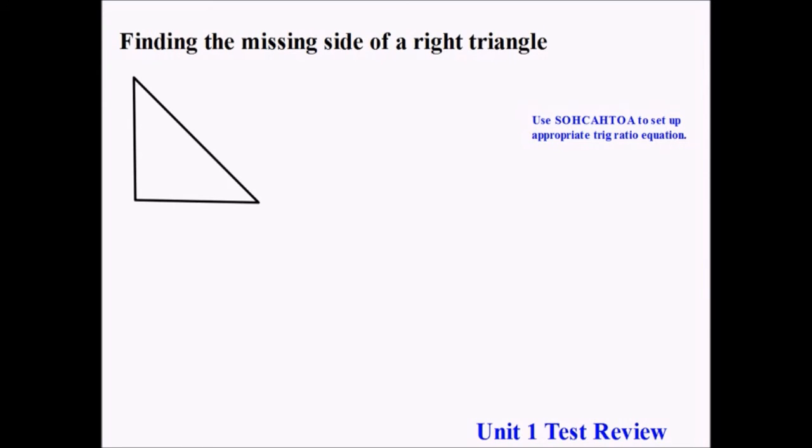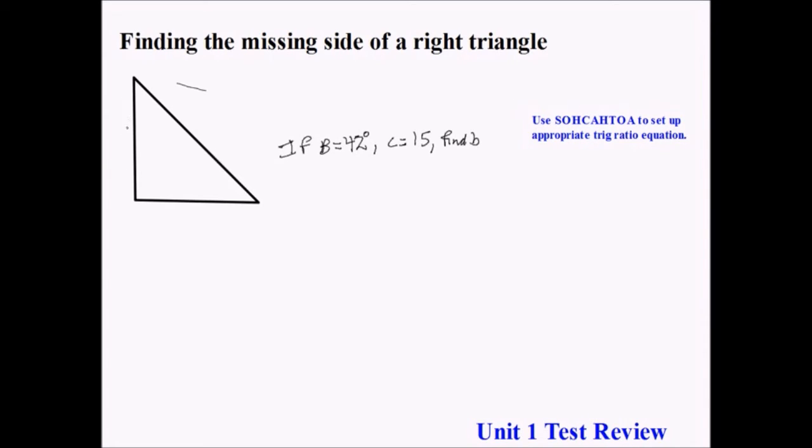We want to find the missing sides of a right triangle. So let's write this question out. Let's say if B equals 42 degrees, C is equal to 15, find B. Okay. Remember, we always need SOHCAHTOA.